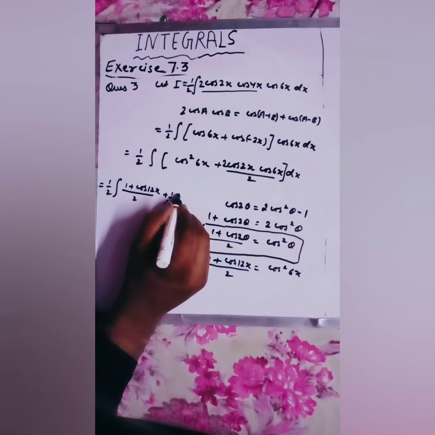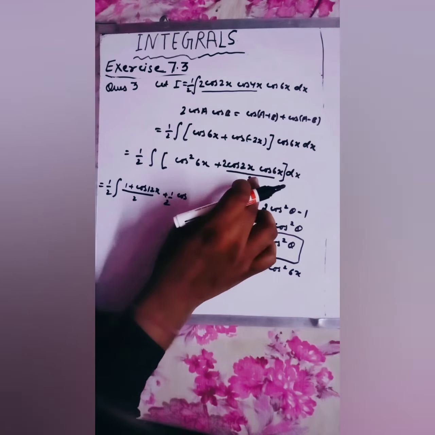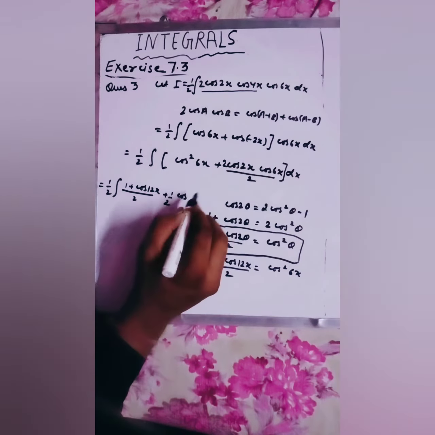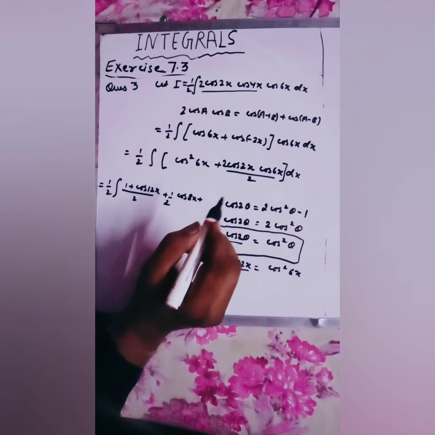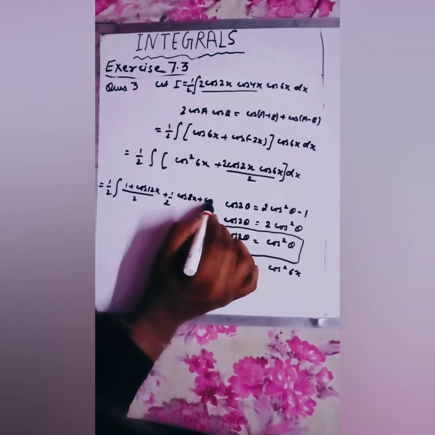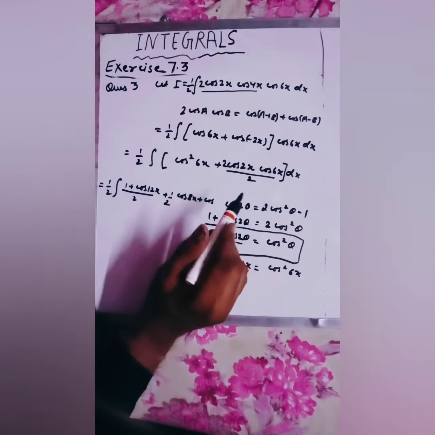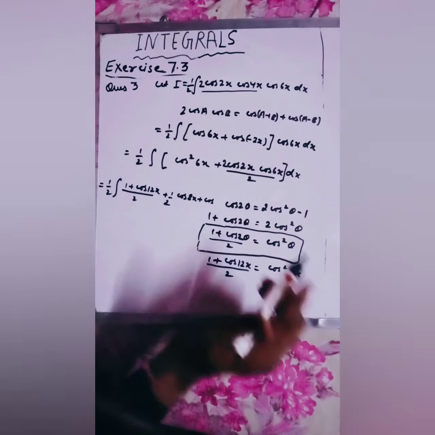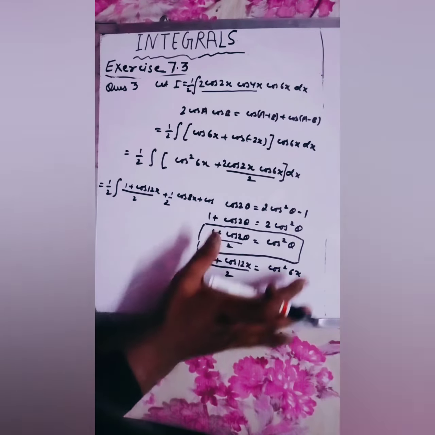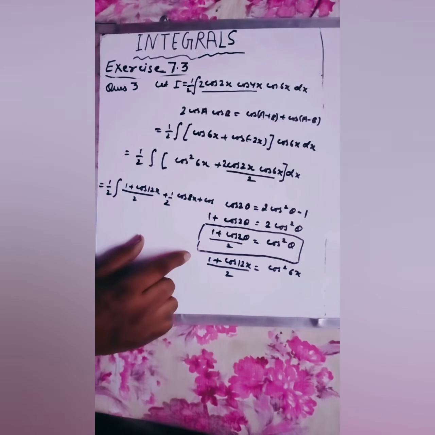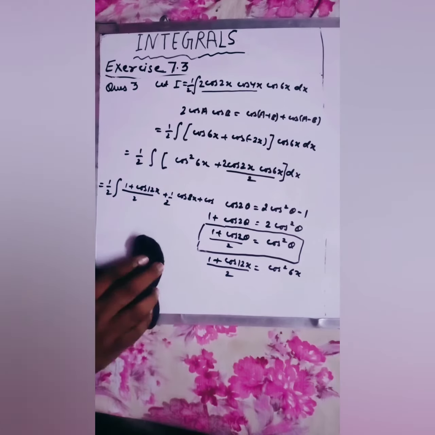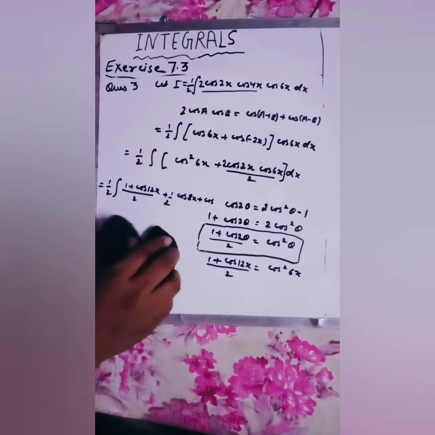Here you will get cos(A plus B), that is 8x. Okay, plus cos this minus this, you will get... I'm erasing this, actually I think you have noted it, so that's why I'm rubbing, because there's less space here.